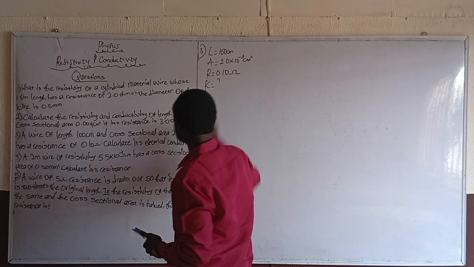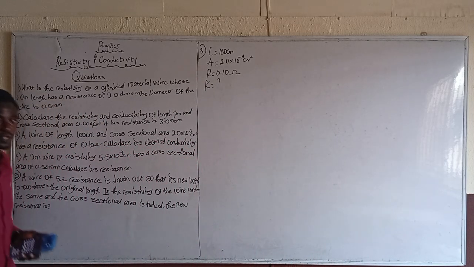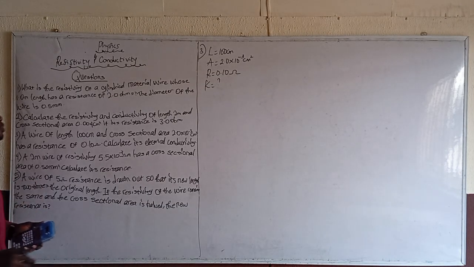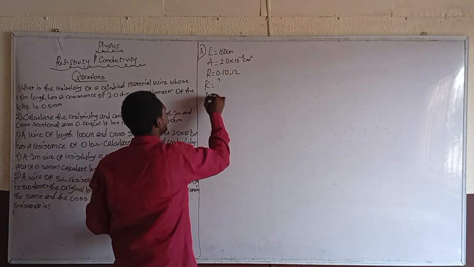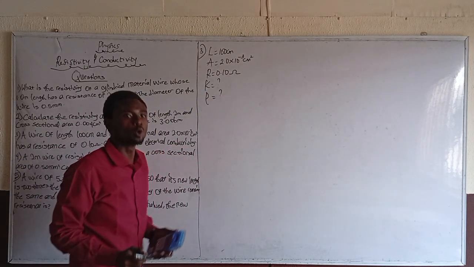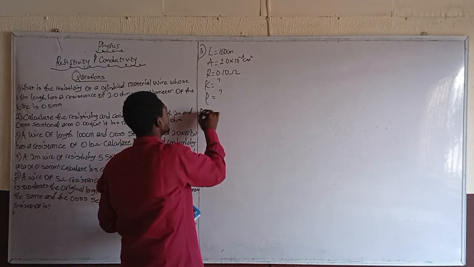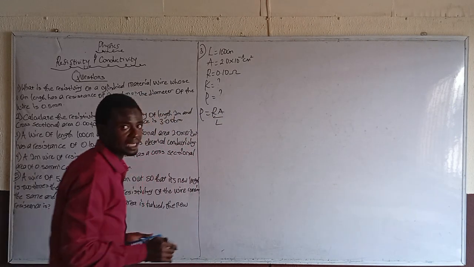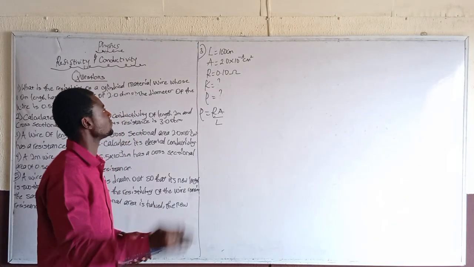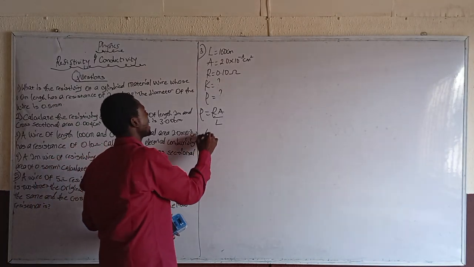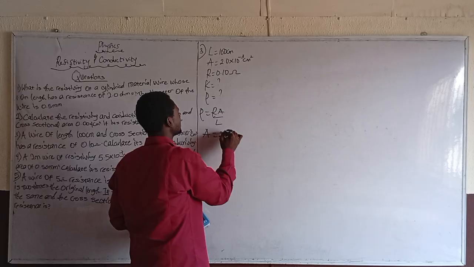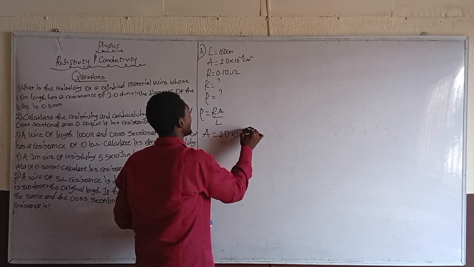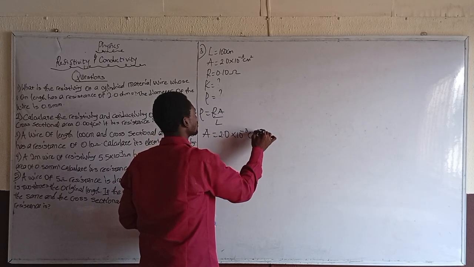Now, before you get the conductivity, you also need to calculate what? Resistivity first. And we know that resistivity is RA over L. That is our formula for resistivity. Now, my area is 2.0 times 10 raised to the power minus 3 centimeter square.